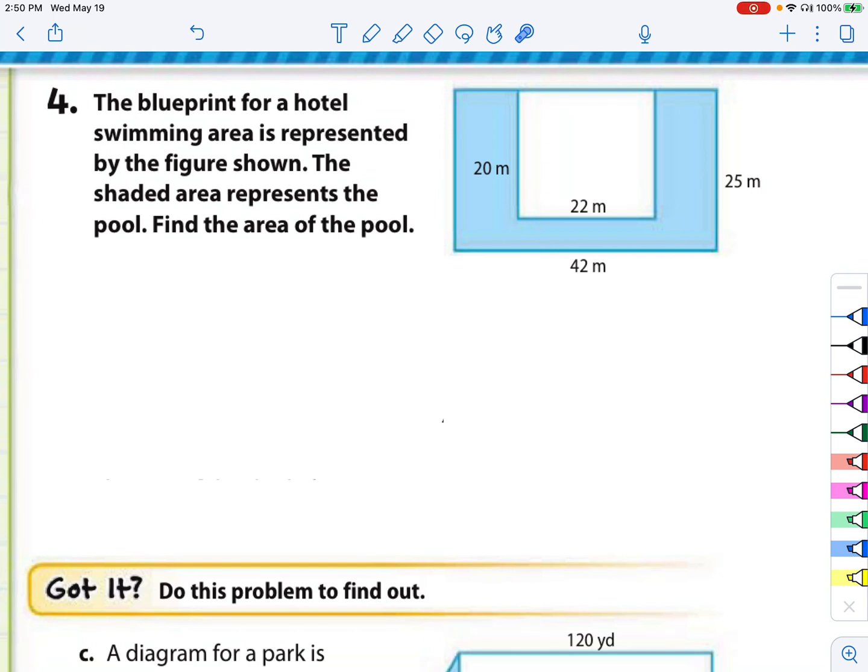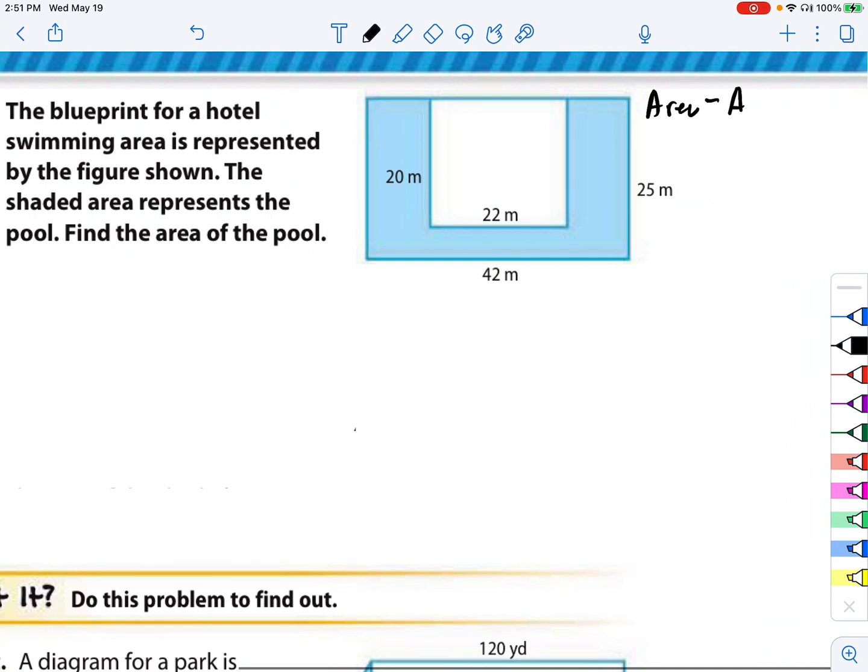We can get the area of the entire rectangle, and then subtract the area of this rectangle from the area of our entire rectangle. Then we get our shaded region. So basically, our plan is to get the area of the rectangle, this whole thing, and subtract the area of the non-shaded region.